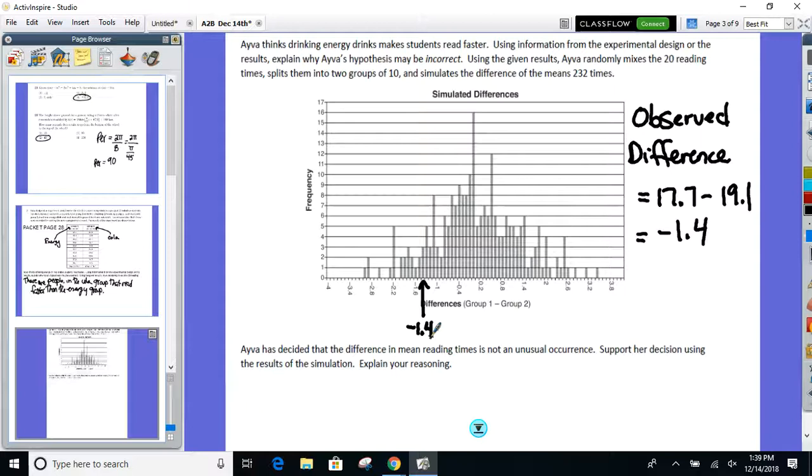And here's what we have to determine. Is that location unusual or not compared to the rest? Because if it's unusual, it was because of the energy drink, but if it was just part of this middle group, it was by random chance.